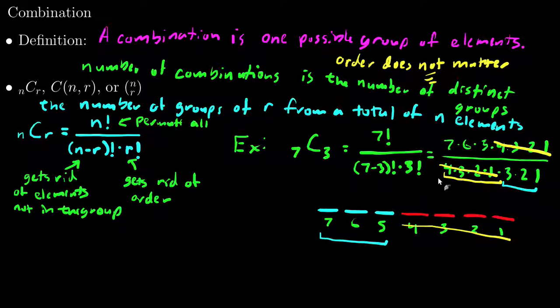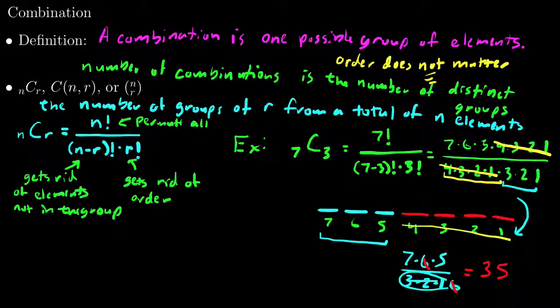At this point, I'm left with 7 times 6 times 5 over 3 times 2 times 1. And before I multiply all of this out, I notice 3 and 2 and 1 I can cancel out here. 3 times 2 is 6, times 1 is 6. And the 6 over 6 cancels out. And I'm left with 7 times 5, which is 35.